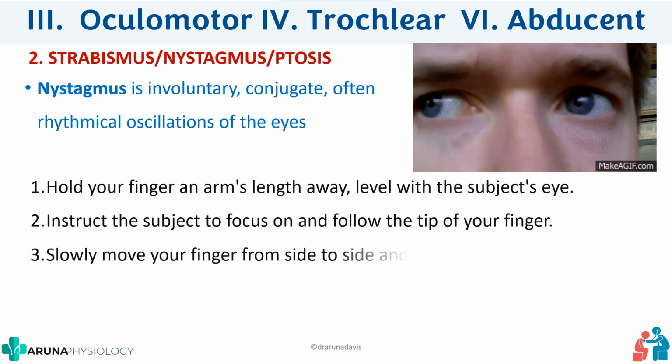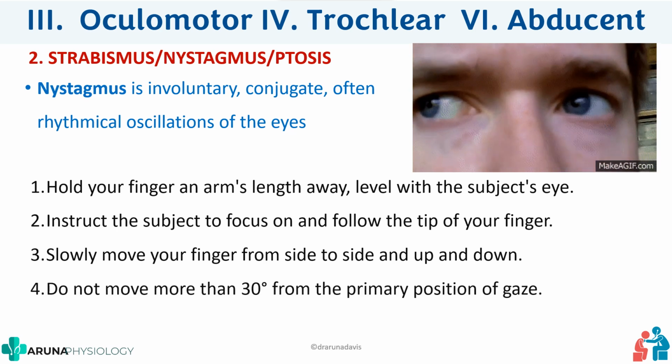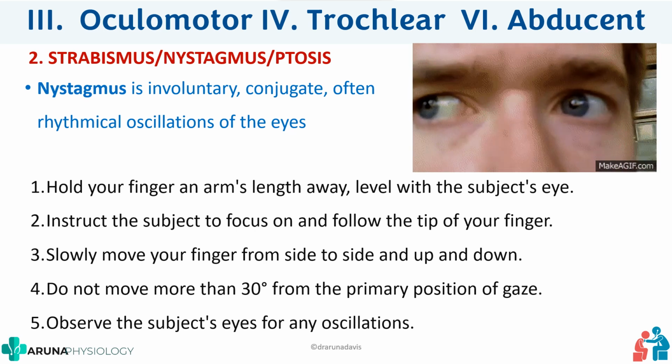Then you slowly move your finger from side to side and up and down. You should not move more than 30 degrees from the primary position of the gaze, because there can be physiological nystagmus at extremes of gaze. Here we are just moving your finger and observing whether the subject's eyes have any oscillations or abnormal movements. So that is how you can test for nystagmus. Remember, for nystagmus the test is similar to that of movements of the eyeball.